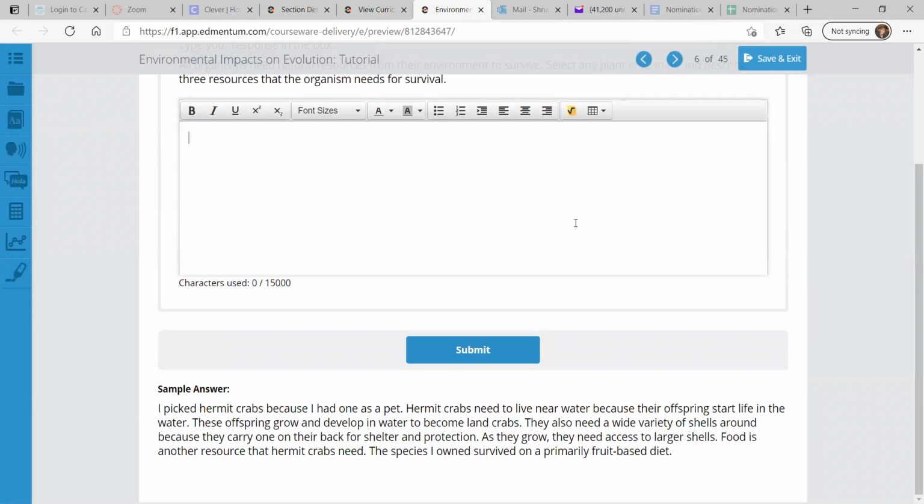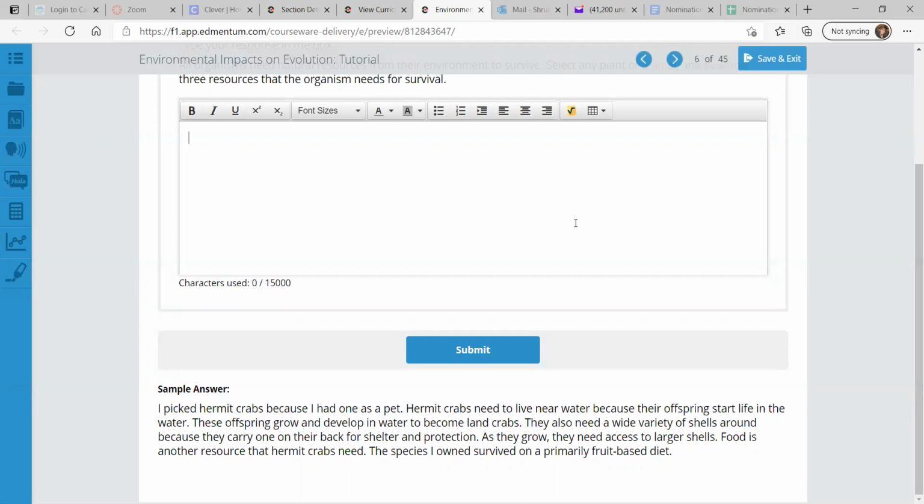So the sample answer picks hermit crabs because the writer had it as a pet. Hermit crabs need to live near water because their offspring start life in the water. These offspring grow and develop in water to become land crabs. They also need a wide variety of shells around because they carry one on their back for shelter and protection.